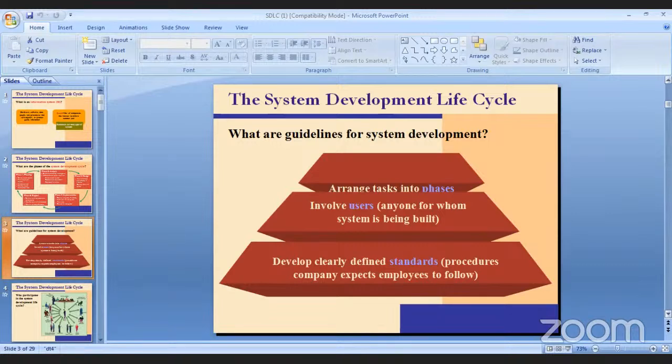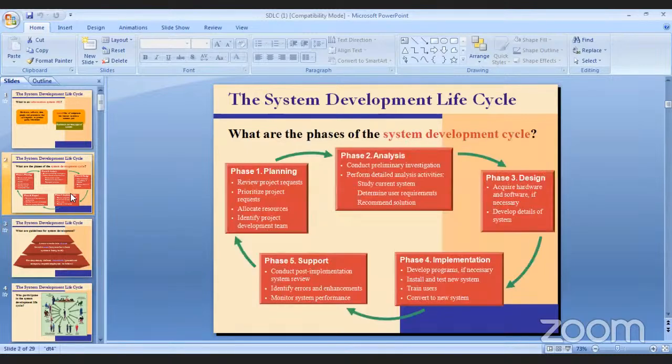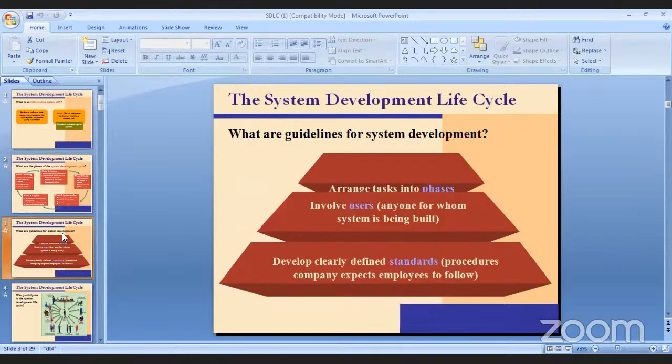First is to arrange the tasks into phases: phase 1, 2, 3, 4, 5, starting from planning, analysis, design, implementation, support. So each task has to be arranged into phases. Then you have to interact with the users, the end customers for whom the system is developed.